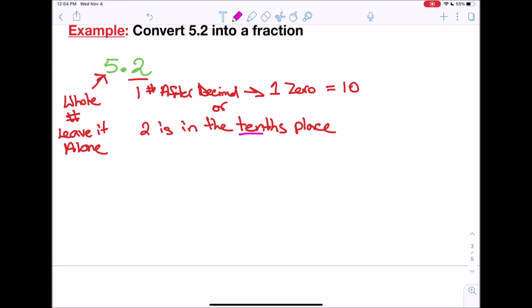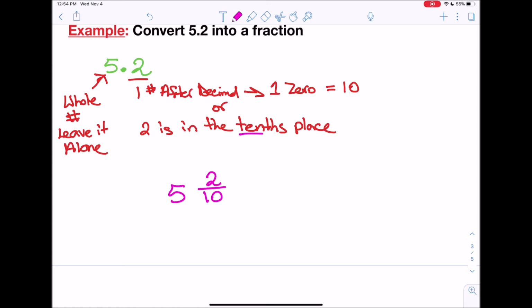All right, so that means we're going to leave 5 alone. The 0.2 we're going to turn into a fraction, and you can either think of it as multiplying by 10 on your numerator and denominator, or there's one number after the decimal, therefore it's in the tenths place, so it's going to be the number out of 10.